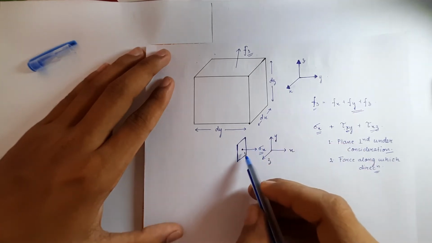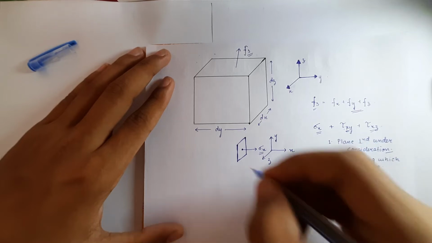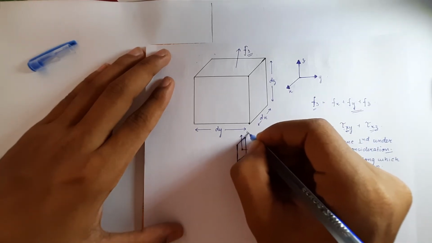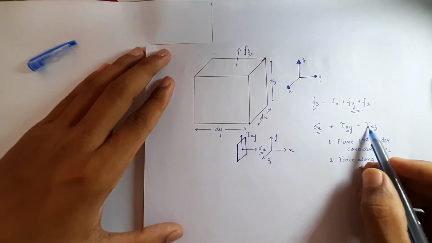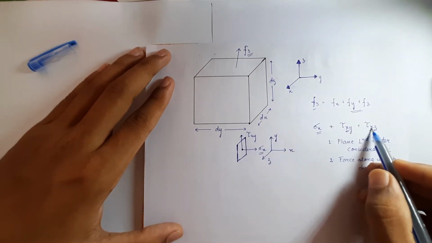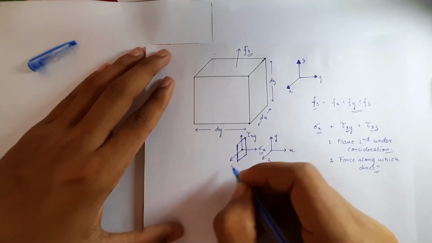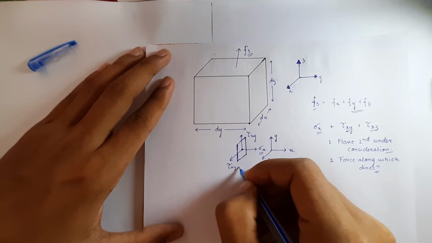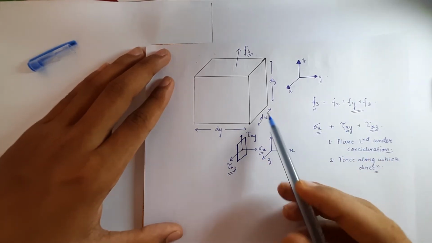In this plane the shear force is acting along the y direction, so this will be the direction of tau xy. Similarly, a shear force acting in a plane perpendicular to the x-axis and along the z-axis will be like this, tau xz. So these are the meanings of the subscripts that I wanted to make clear before I proceed.